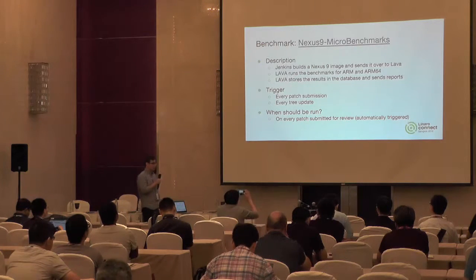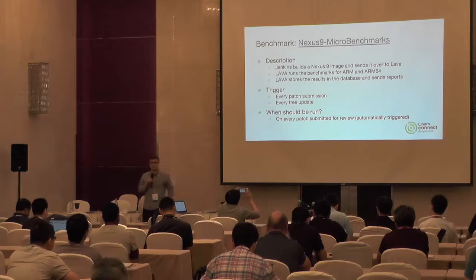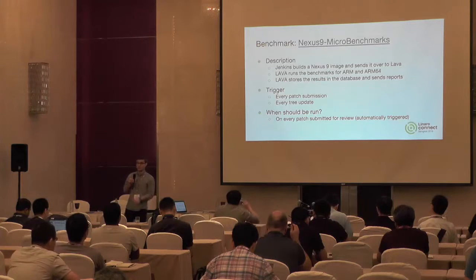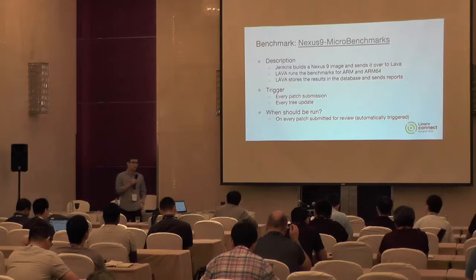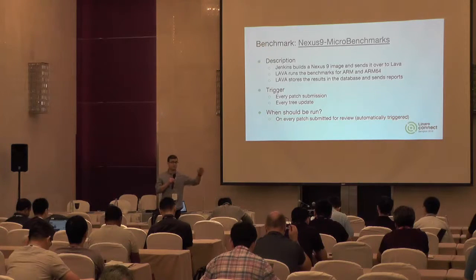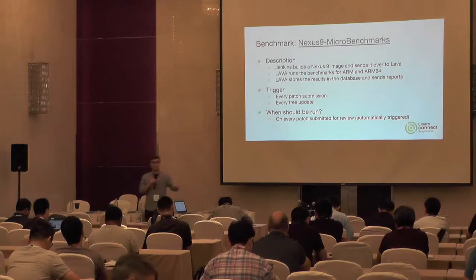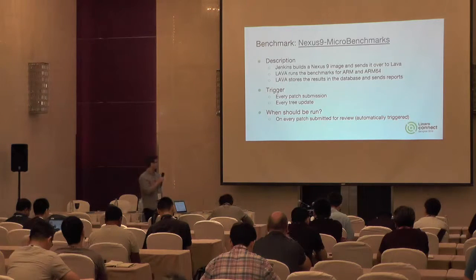So how does it work? For every patch that we push, we trigger a build in Jenkins. This is basically building an image for the Nexus 9. Then we start a Lava job that would basically take the images that we just built in Jenkins, flash them on a device, and start running the benchmarks.